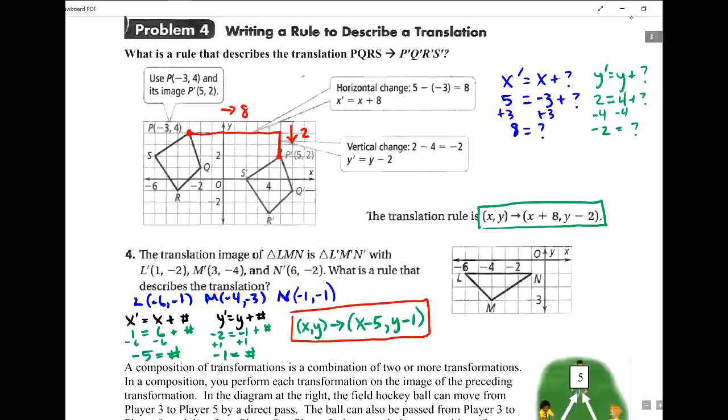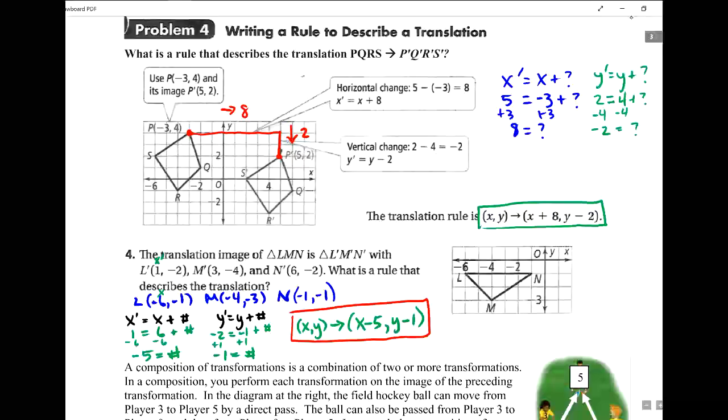So the first thing I did was I found the coordinates for L, M, and N. And we said that x prime is x plus some number. So I just used my x prime. I know that my x prime is right here, and this is my x value.